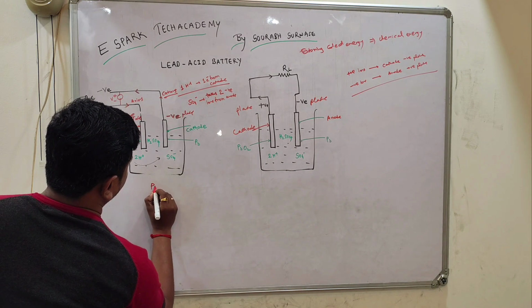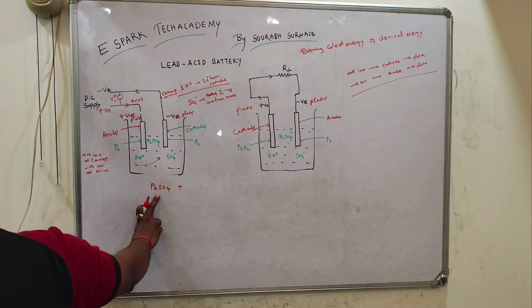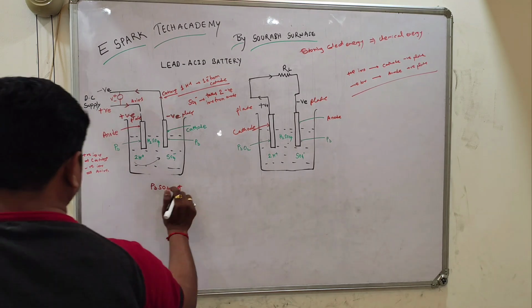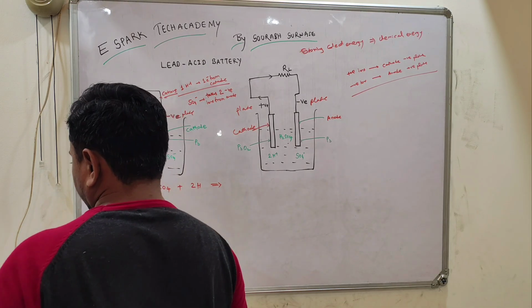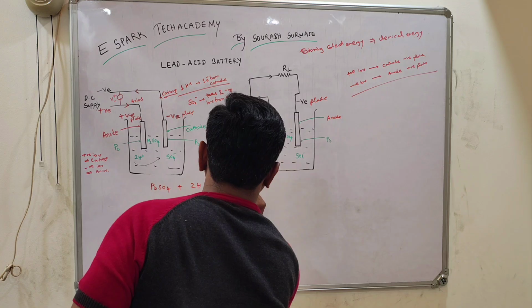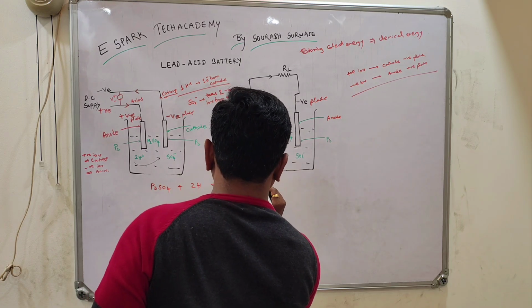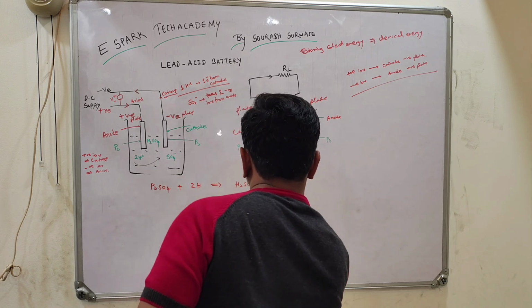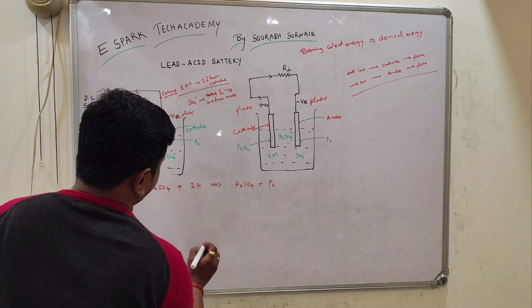PbSO4, lead sulfate, plus 2H giving H2SO4, the sulfuric acid, plus Pb, which is spongy lead.